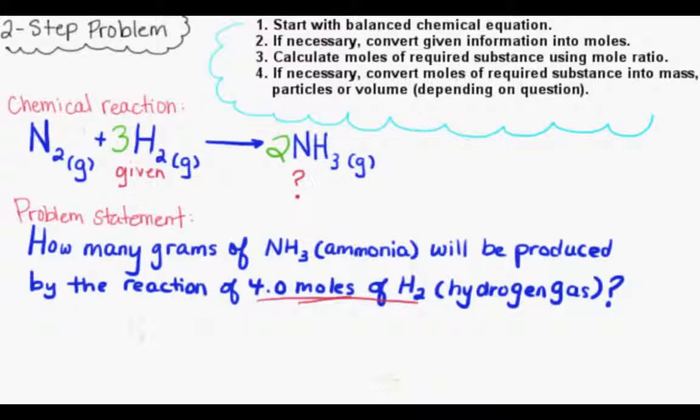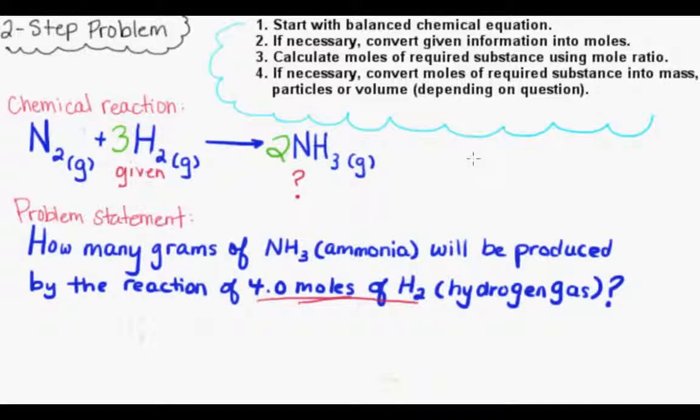Step 3 is to calculate the moles of the required substance using a mole ratio. So this is actually our very first calculation. And what we need to do to convert from moles of given to moles of required is multiply the moles of the given, which is right from the question, by the proper mole ratio from the balanced chemical equation.